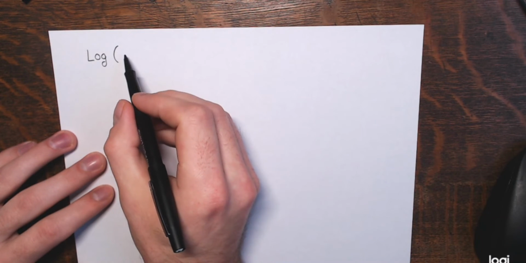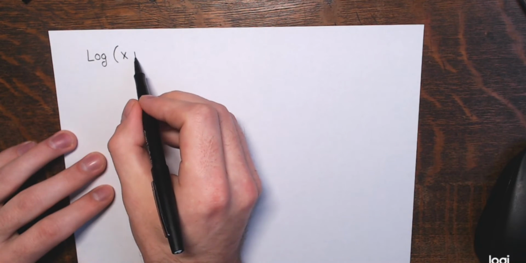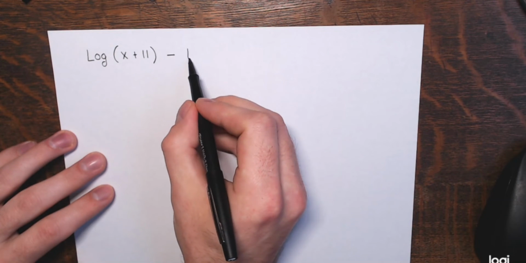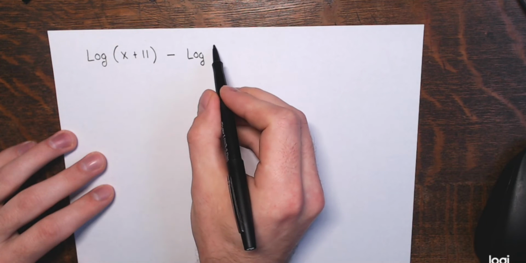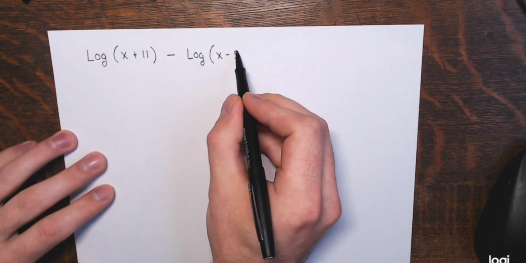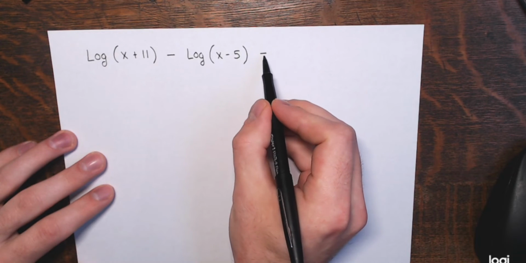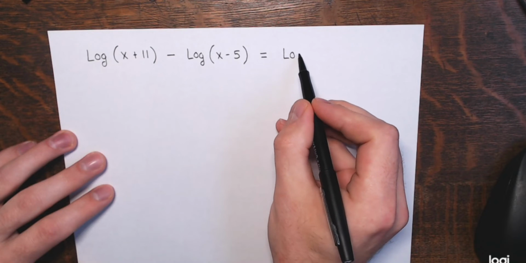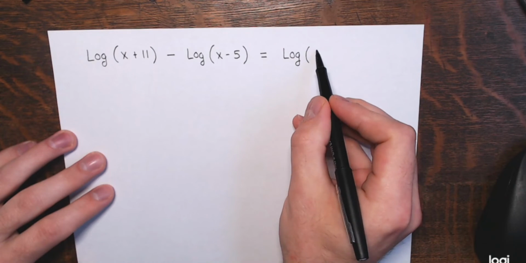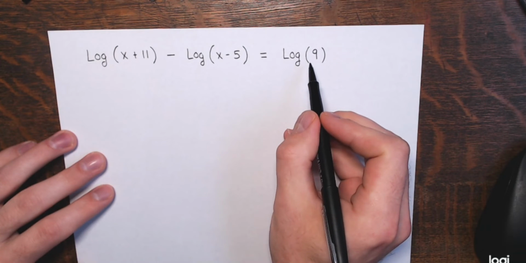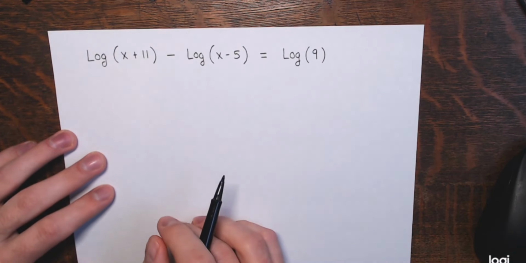And there are no variables over here. This is just a number. The log of 9 would be something between 0 and 1.